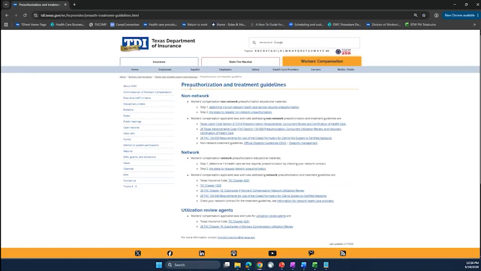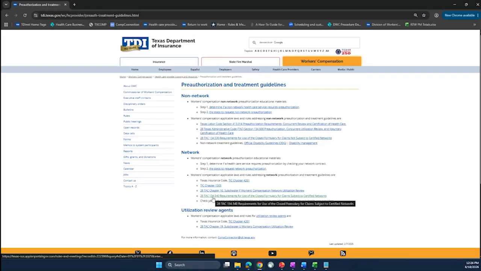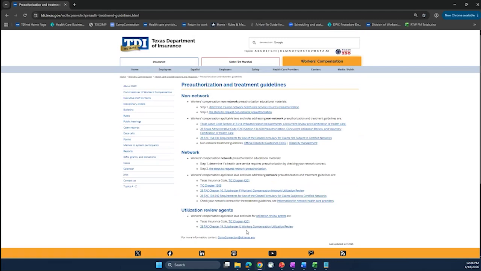We have it broken down by non-network and network pre-authorization, and also there's information down here about utilization review agents. So hopefully this can provide a good resource for you to refer back to if you need help along your pre-authorization quest.